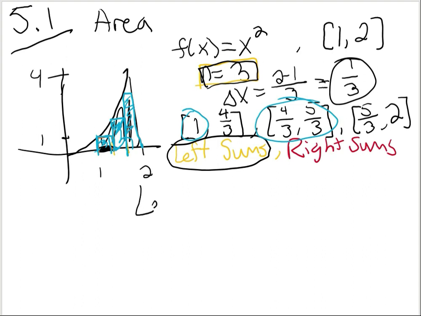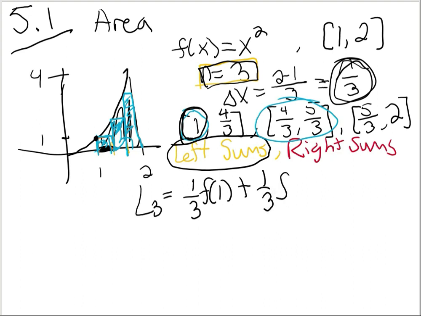Okay, so we're going to call this L3 for 3 and a left sum. Each of these rectangles is going to be, well, you have the width, 1/3, and then the height or the length is going to be, well, I used f of the left endpoint to get it, so it's f of 1 plus 1/3 f of 4/3, plus 1/3 f of 5/3.